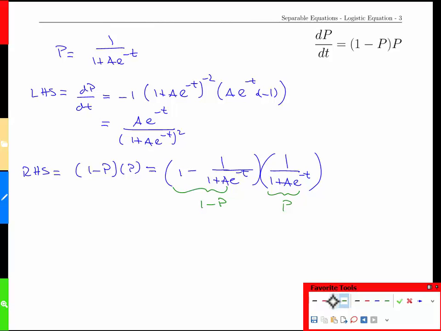With those two expressions there, hopefully we can cancel things out and get this. The easiest way, I think, is the common denominator. Then we'll have the denominator squared that we need. So it'd have 1 plus a e to the minus t, that's the 1, minus 1 all over 1 plus a e to the minus t.